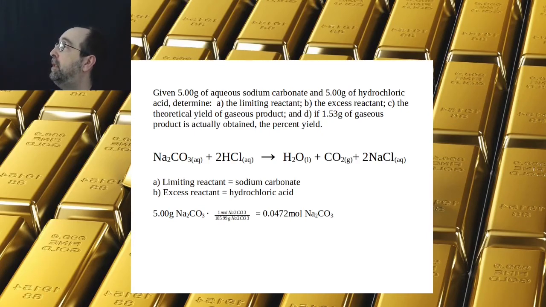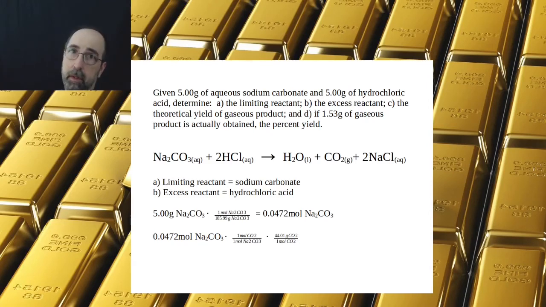All right, well, we take the 0.0472 moles of sodium carbonate and we try to convert it into moles of carbon dioxide using our balanced equation. The first step of that would look like this. 1 mole of sodium carbonate converts to 1 mole of CO2 product. And then while we're at it, we might as well use the periodic table to convert moles of carbon dioxide to grams. 44.01 grams of carbon dioxide per every mole, according to my calculations on the periodic table.